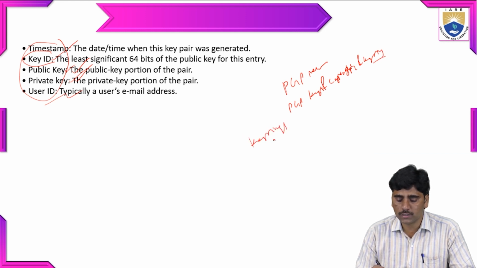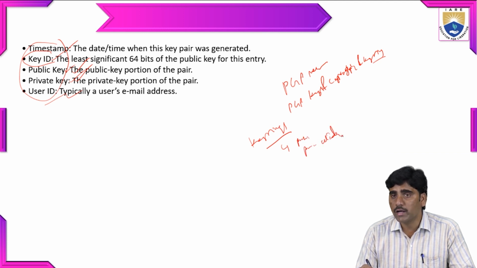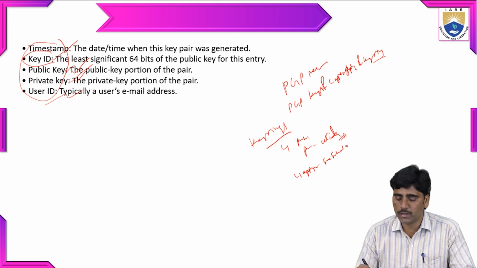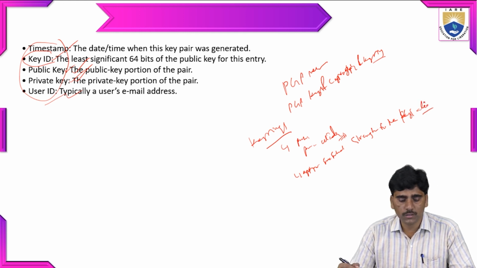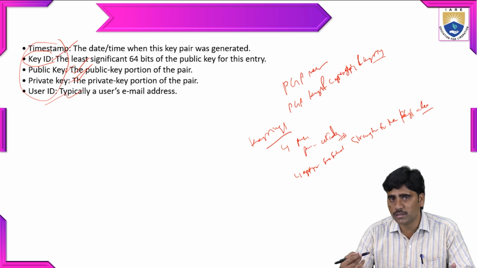The key rings maintain the public keys and private keys along with their IDs, and add some strengthening to the keys also. So that is about the concept of PGP message transmission and PGP message reception.